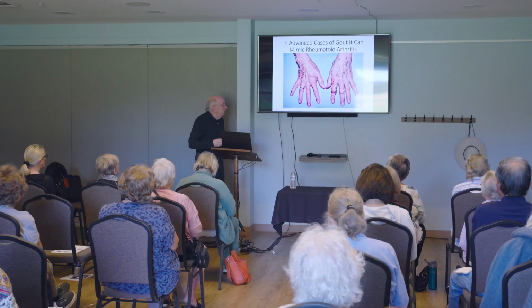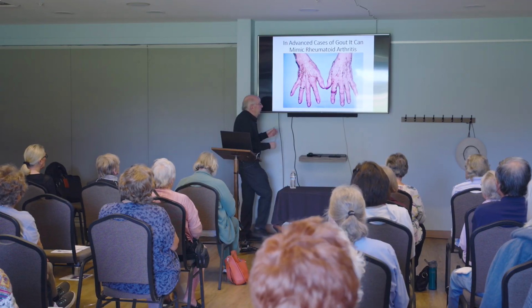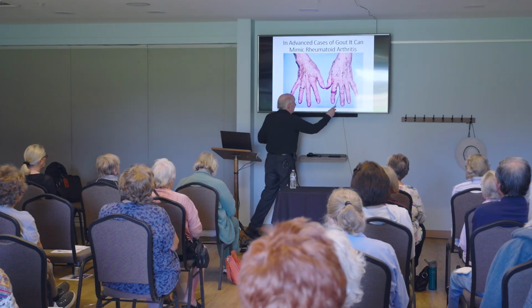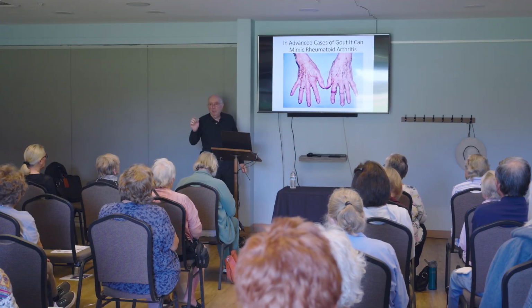And when you feel this, it feels very, very hard because there are uric deposits in the joint. So this is gout in a postmenopausal woman on diuretics for congestive heart failure. So that's what it looks like, as opposed to the red toe.